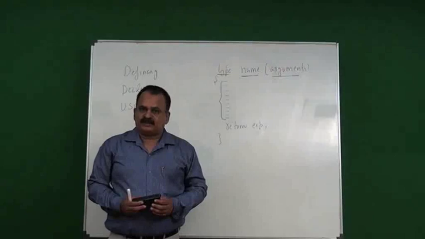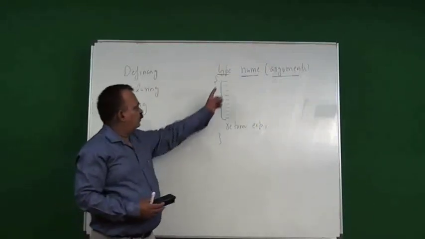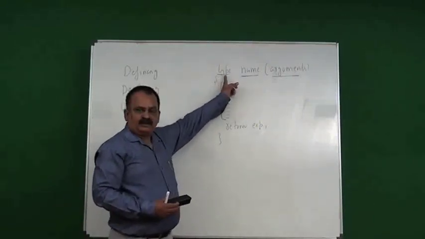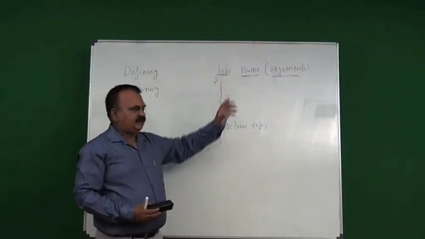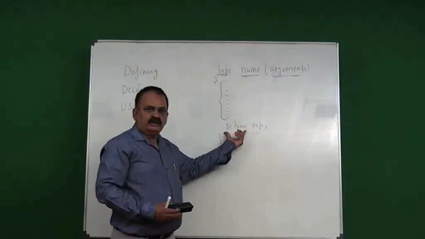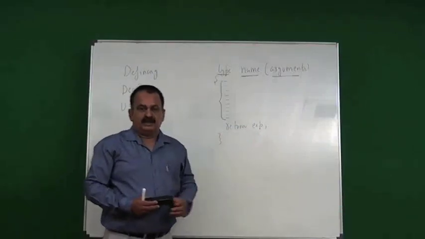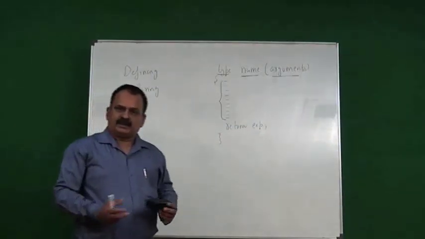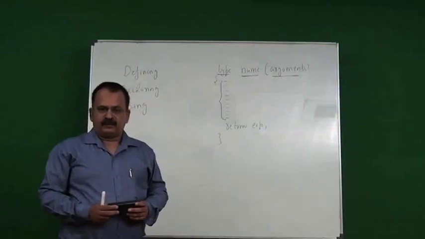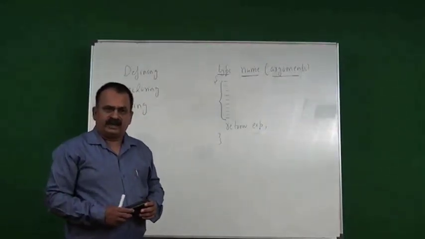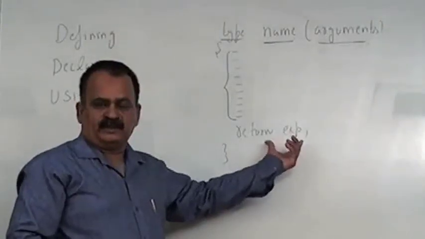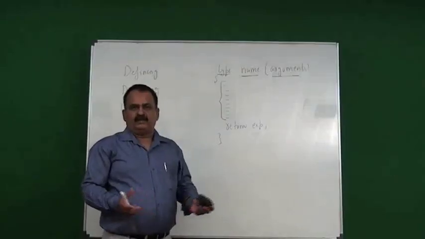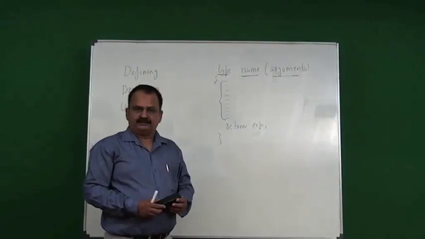C language has a special data type, void, which is used as the type of a function that will not return any value. In that case, this return statement will be used without expression. Even this return statement can be skipped from such logic. However, it is a good practice to use the return statement without expression rather than completely omitting it.